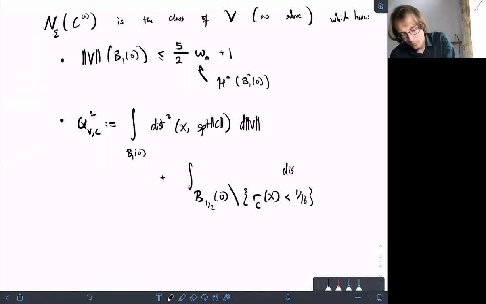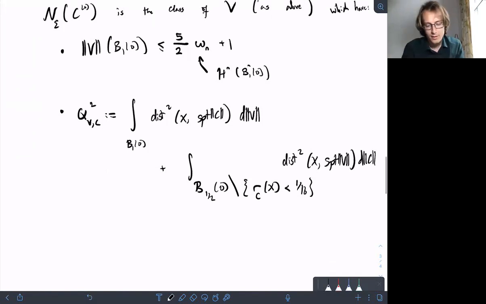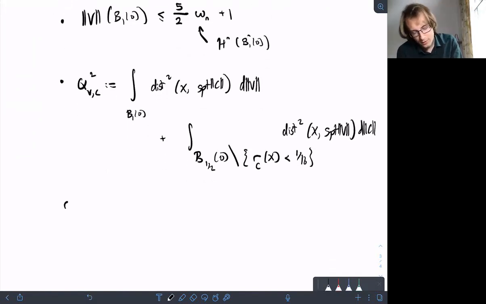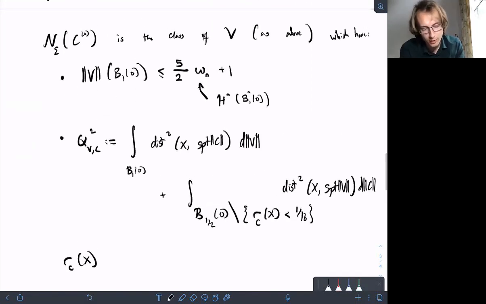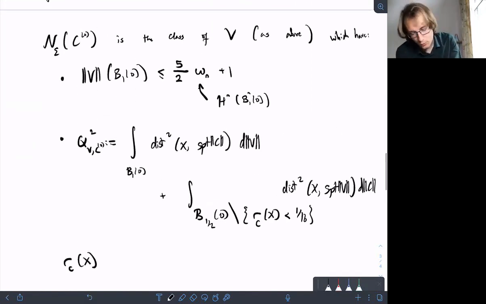I'll explain what this intuitively is in a second. Now it's the distance from V to C. So here, this radius, I should be using C0 in all of these.